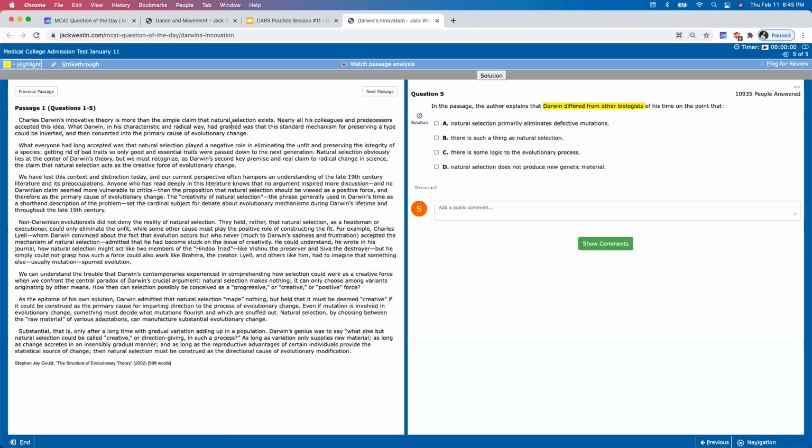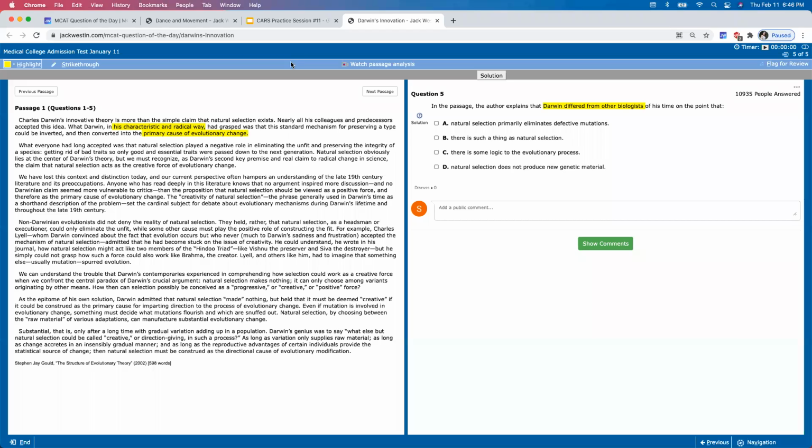Okay. So we have that his theory is more than just natural selection. It was accepted. What Darwin did was grasp that this mechanism could be inverted and then converted into the primary cause of evolutionary change. Okay, and he did it in his radical way.